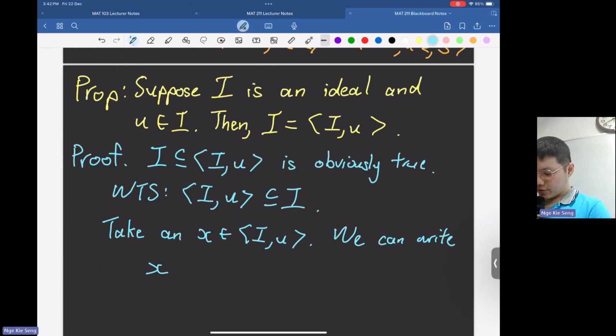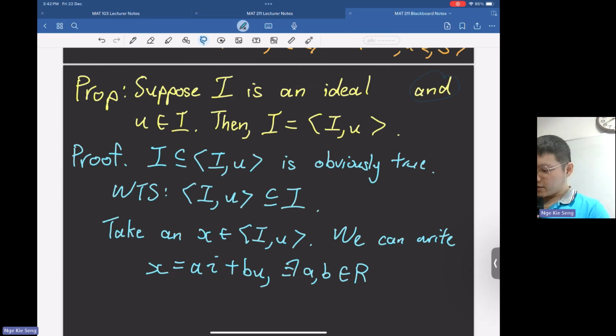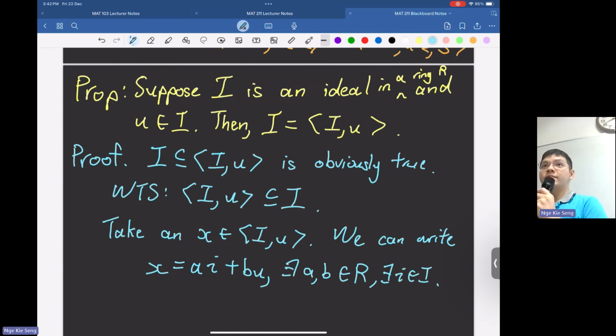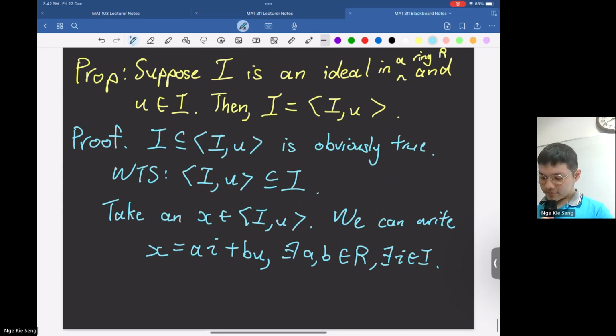So x is equal to a times i plus b times u for some a, b in the ring. What ring is this? This is the ring that the ideal lives in, the ideal in a ring R, let's say. And for some i as well, there's some i that realizes this.